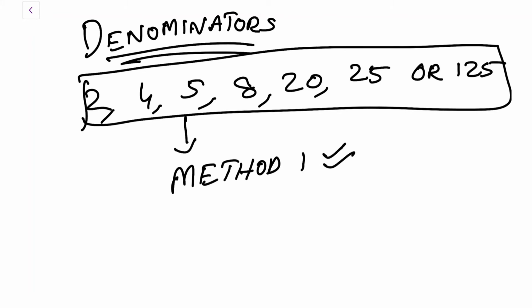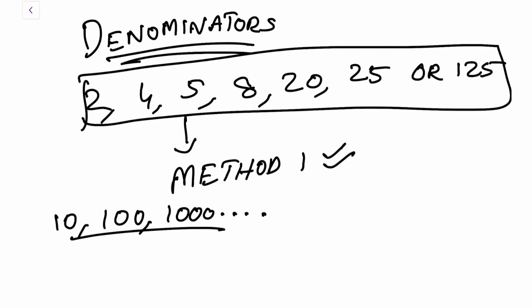That's because 10, 100, 1000 and so on will have these as factors. So only if these numbers are the denominators, you can use method 1.